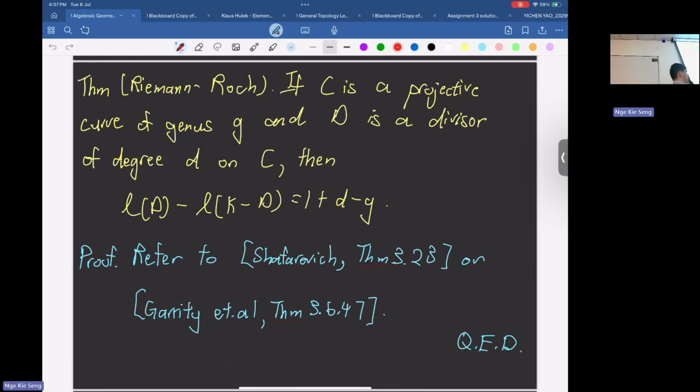On the other side, you have the genus and degree of the divisor combination. But this g here, we defined as little l of K. So if you like, you can put all the little l's on one side, and then on the other side, it just has 1 plus D.